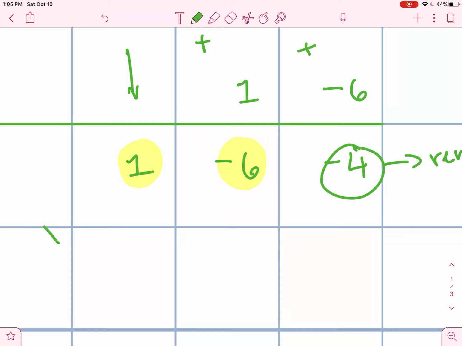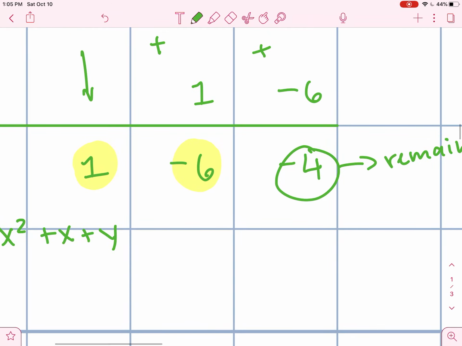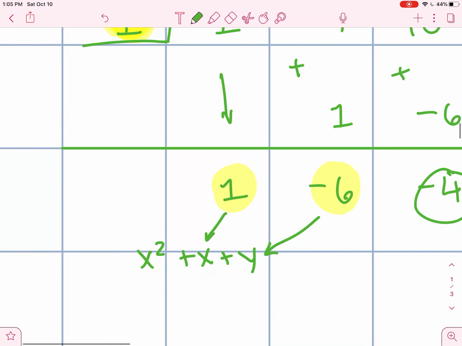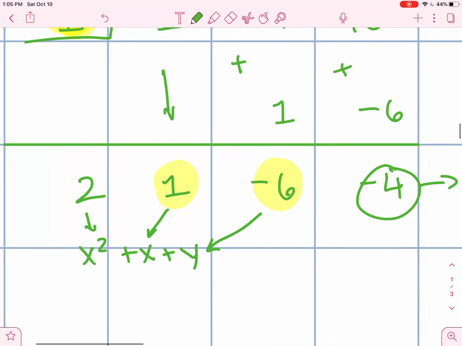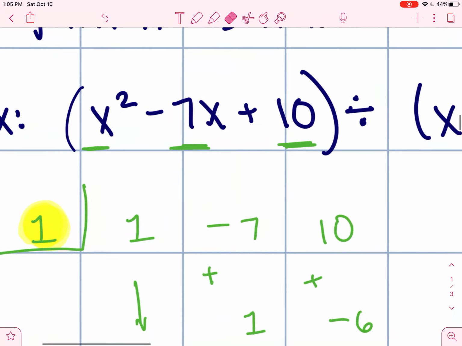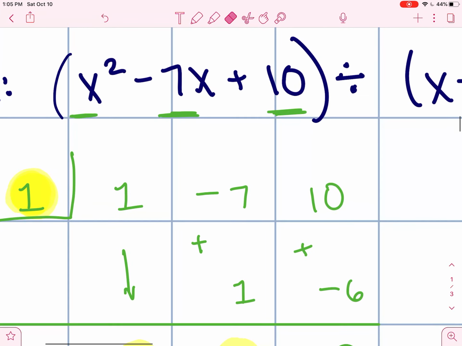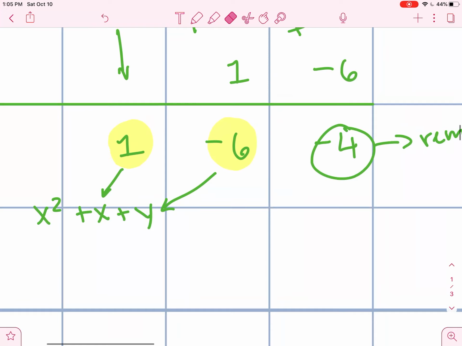Now, if we were to find an equation like x squared plus x plus y, we start from the right and go to the left. So negative 6 would match up with the y, which is our constant, and 1 would match up with our x. But if we were to have another term here, like 2, then our x squared would be 2. In general, it's good to note that if we start off with an x squared, we're never going to have an x squared in the answer.